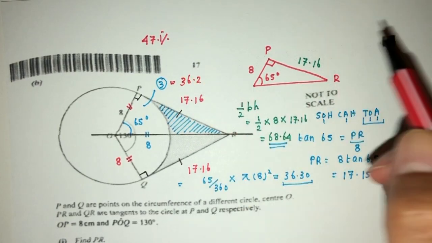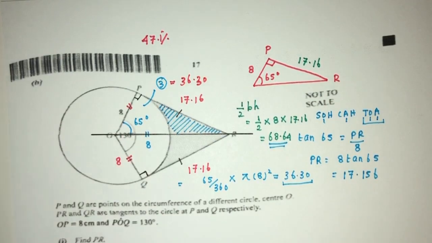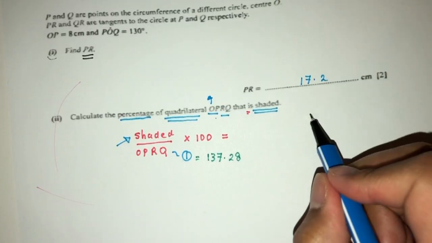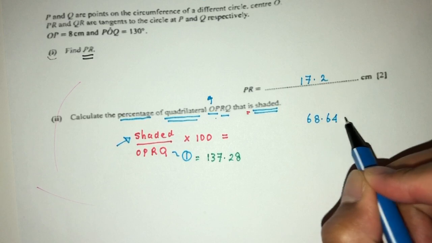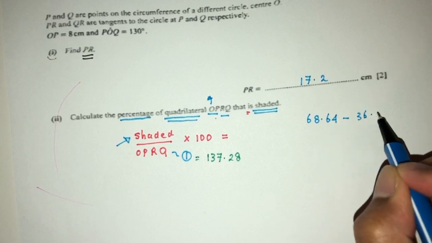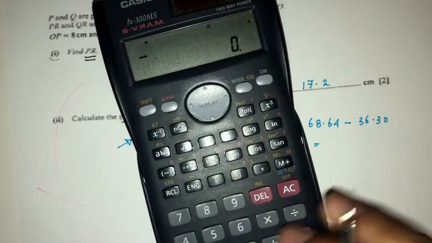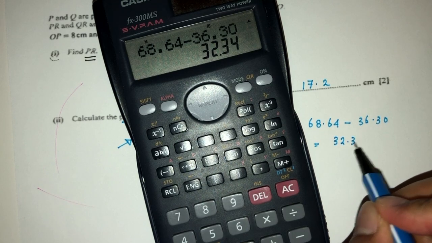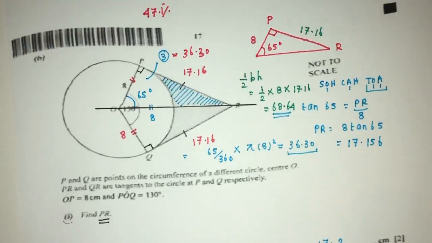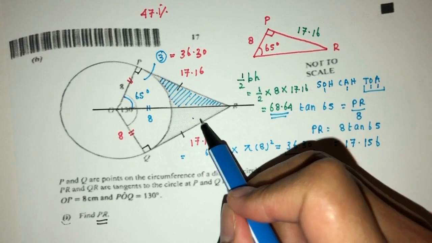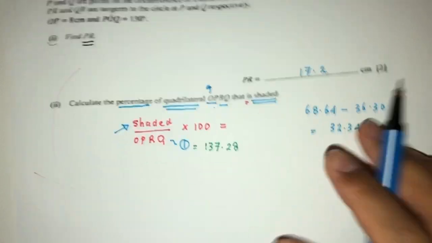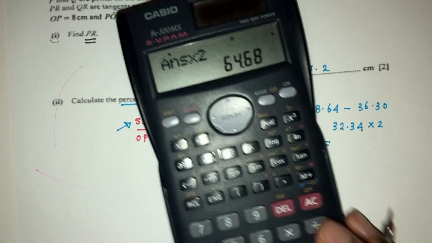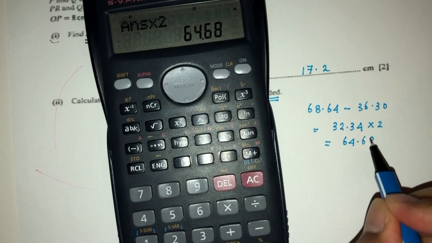Because we only care about the shaded area. So what will be this area then? We know the whole triangle is 68.64, and we do not want the sector that will be 36.30. 68.64 minus 36.30 should give you 32.34. Now obviously this is one piece, we also need this one. This is the same as this one, so we have to multiply by 2 for the shaded region. Answer times 2 will be 64.68.